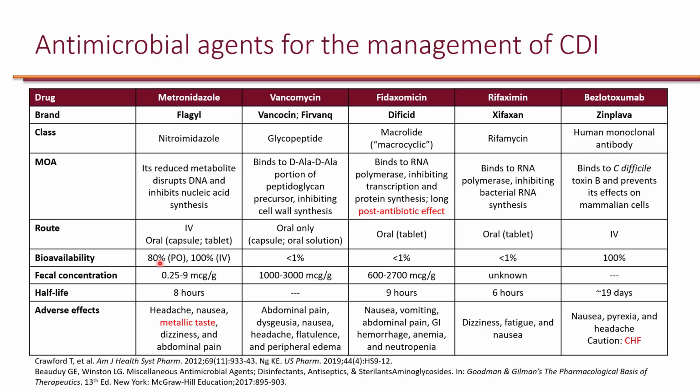So it's actually best if the drugs are not absorbed, because when they are absorbed, they go away from the site of infection. So when 80% of oral metronidazole is absorbed, about 20% of it stays in the site of infection. And of course, with IV, 100% bioavailability means that the entire drug goes into the bloodstream, and then a portion of it may actually go from the blood to the GI tract.